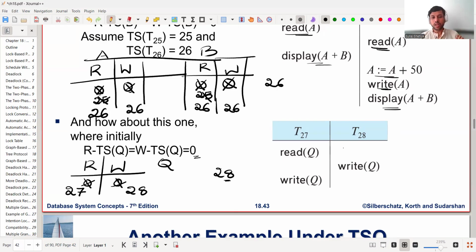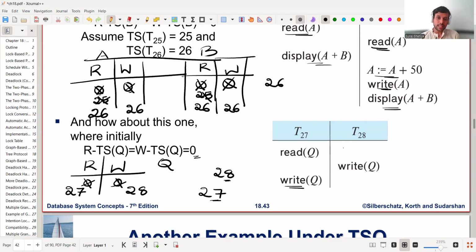Now again, a write comes, and this write is interesting because when it comes in, this is now 27. This write again can conflict with the read or write. Is 27 greater than or equal to 27? Yes, we are fine with respect to read. Now let's check, is 27 greater than or equal to 28? No, it is not.